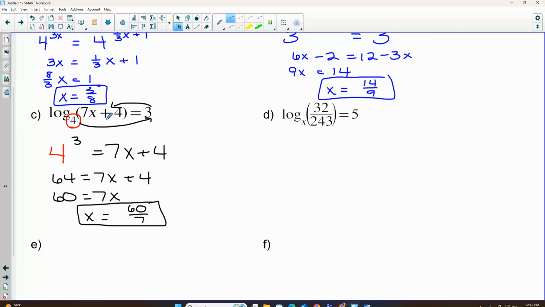Remember, on these, the argument has to be positive. If I plug that in, it is. And you can kind of reason through it if you needed to check it. It would be log base 4. If I plug that into 64, remember, a log is giving you an exponent. 4 to the 3rd power does equal 64. So I know I've done it correctly.